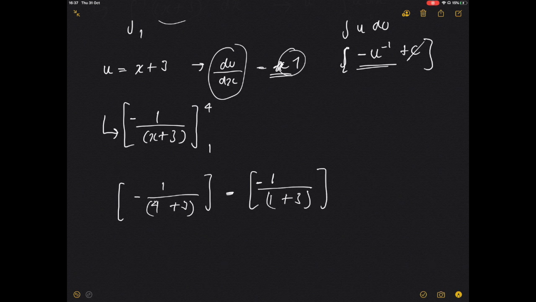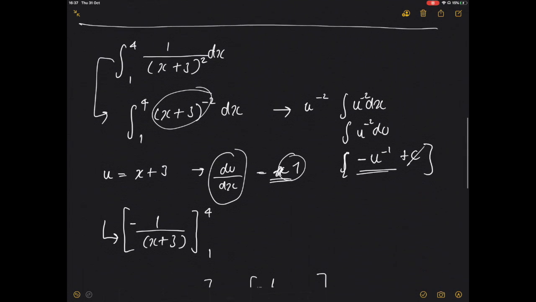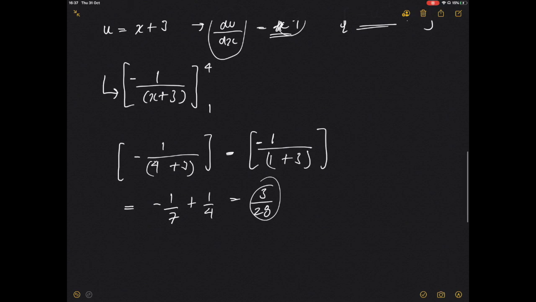Then we throw that into our calculator, and we would get minus 1 over 7 plus a quarter. So our answer would be 3 over 28. This would mean that on this curve itself, between 4 and 1, the area underneath will be 3/28.